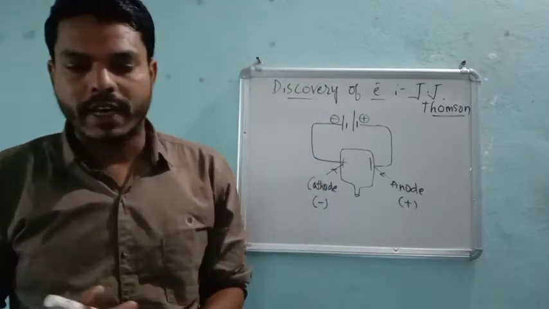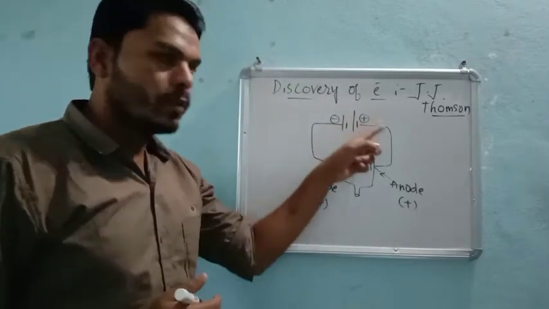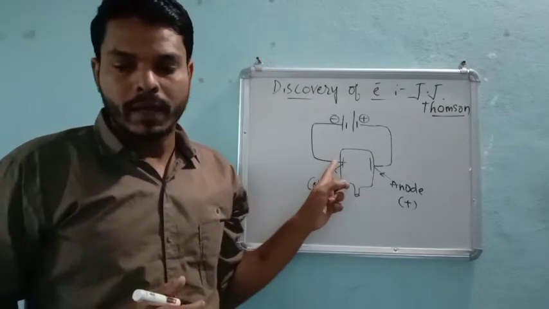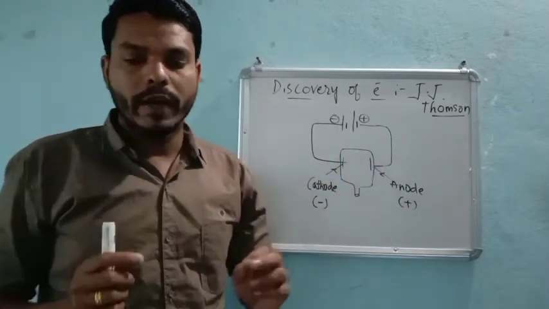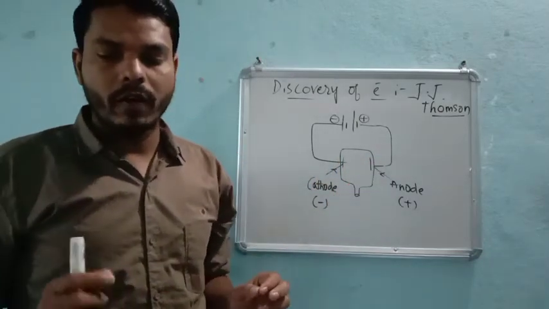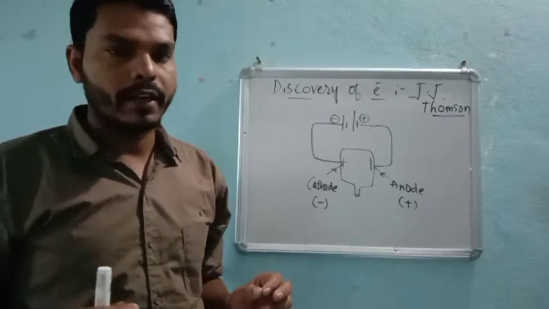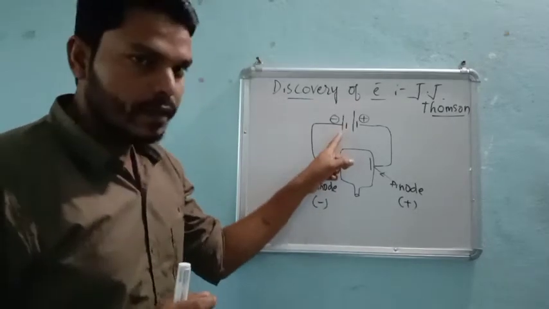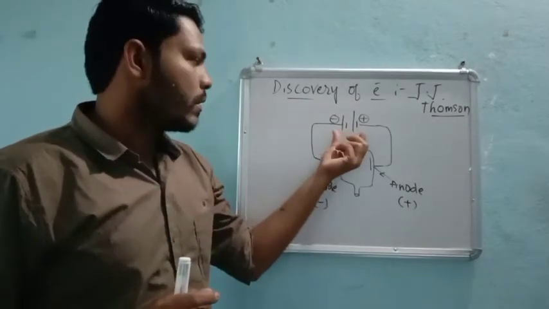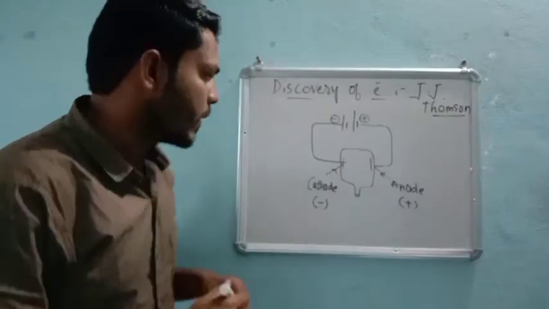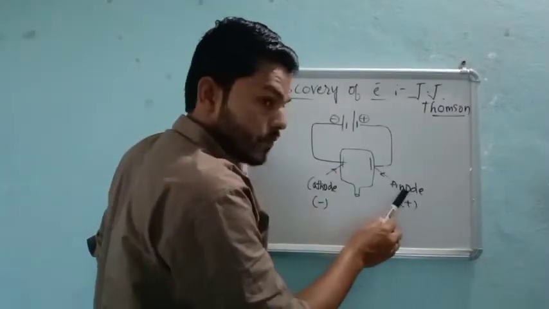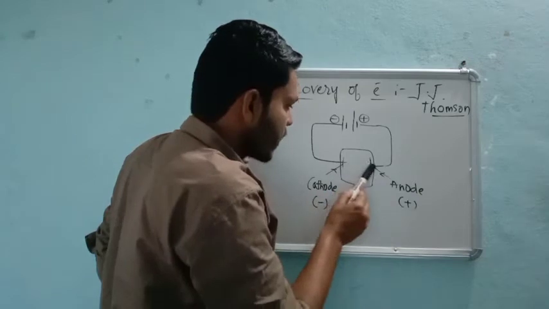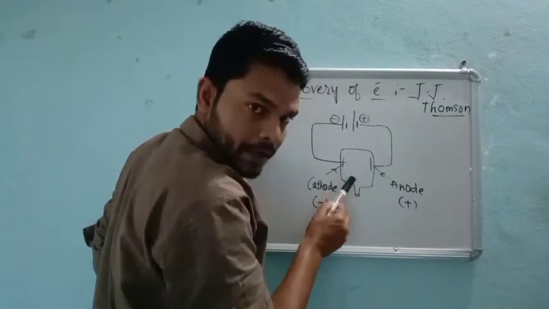The discharge tube is a long glass tube, and it contains two electrodes at its ends, connected by a battery. The two electrodes are the cathode as well as the anode.